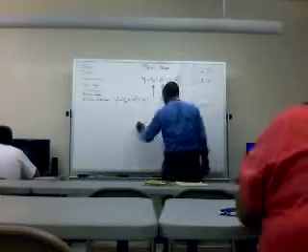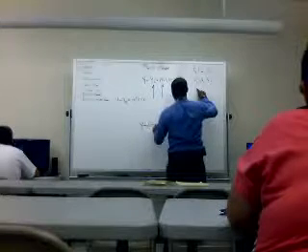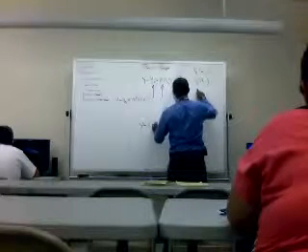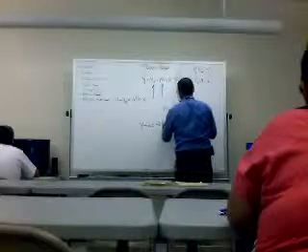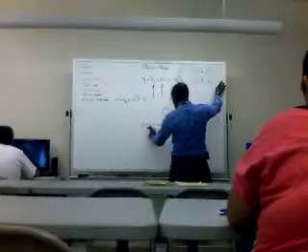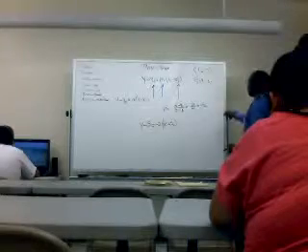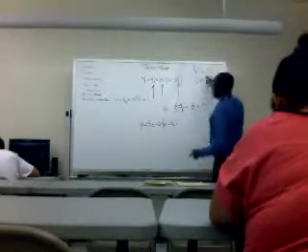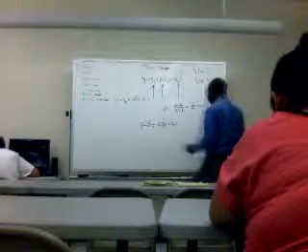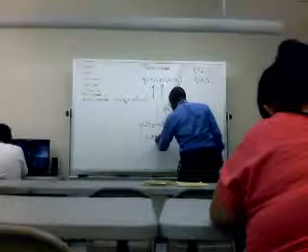So our formula then will be y minus y1, which is 5, I'm sorry, this is y1, it should be 5, equals m, which is -2, times x minus x1, which is 2. So y minus 5 equals -2 times x minus 2.